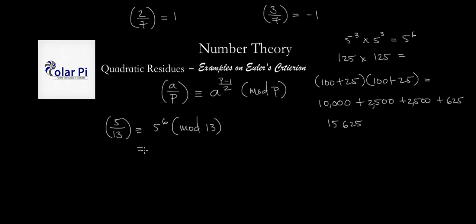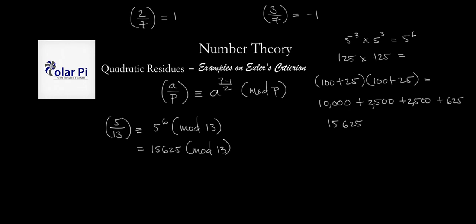Now I don't have to say congruent, I can say equal, because we're comparing this to what I'm about to write. It's equal to 15,625 mod 13. At this stage, you can divide 15,625 by 13 and look at your remainder.